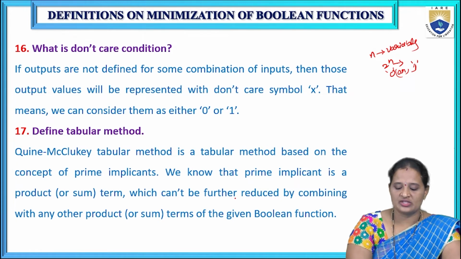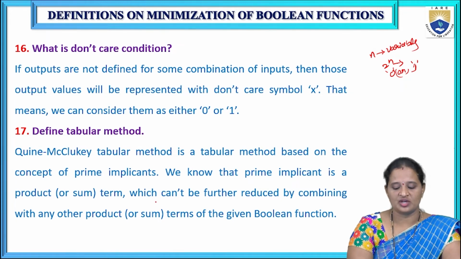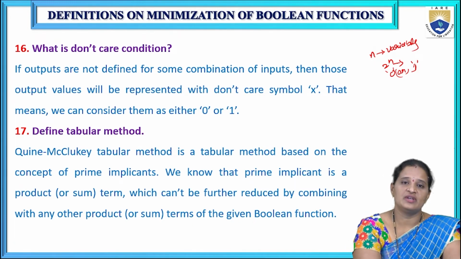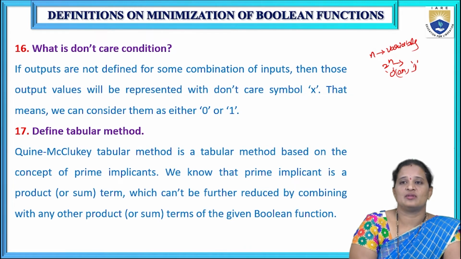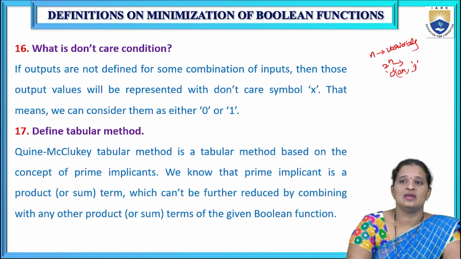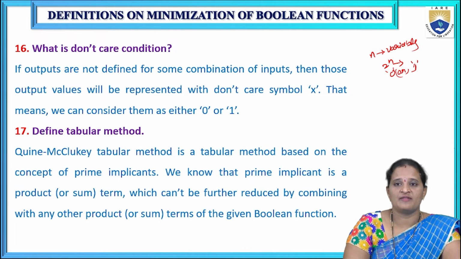We know that a prime implicant is a product or sum term which cannot be further reduced by combining with any other sum terms or product terms of the given function. In order to eliminate the limitations of the K-map, we go for the tabular method, which is one more method of simplifying the Boolean function by constructing a tabular form.